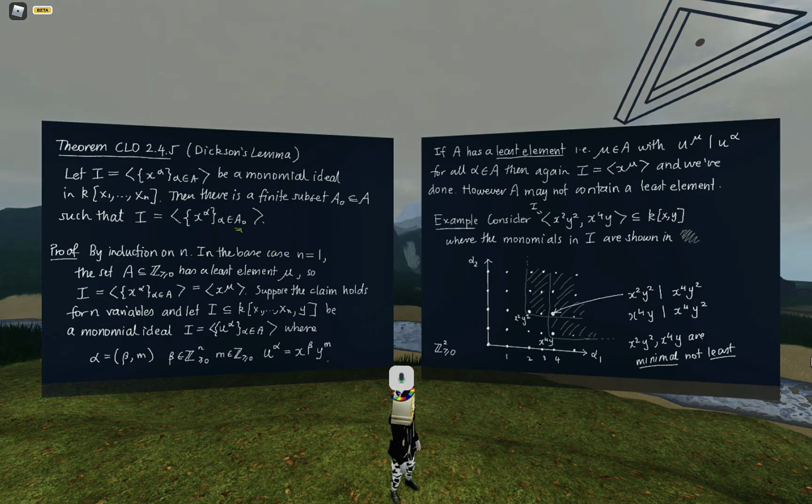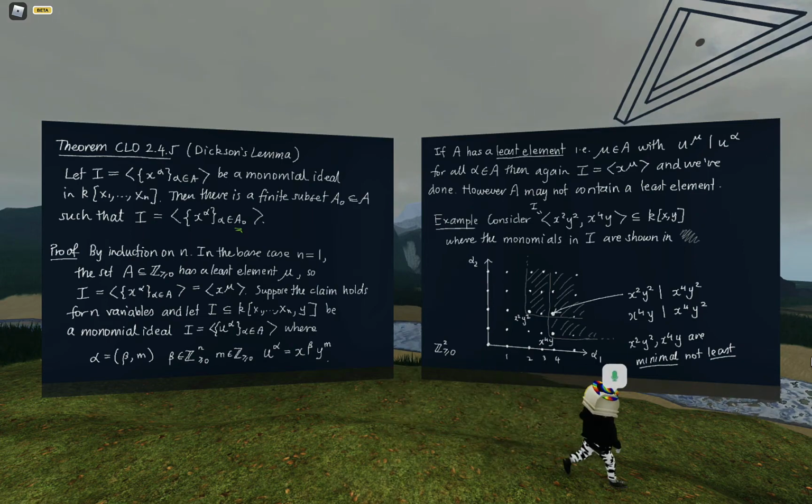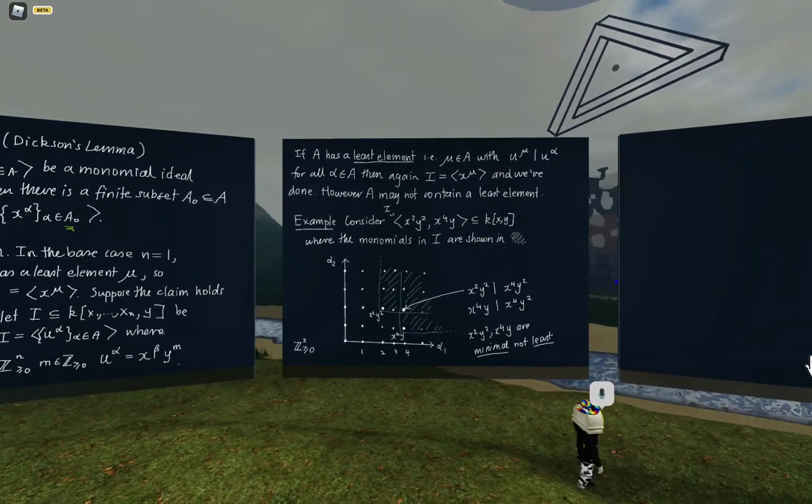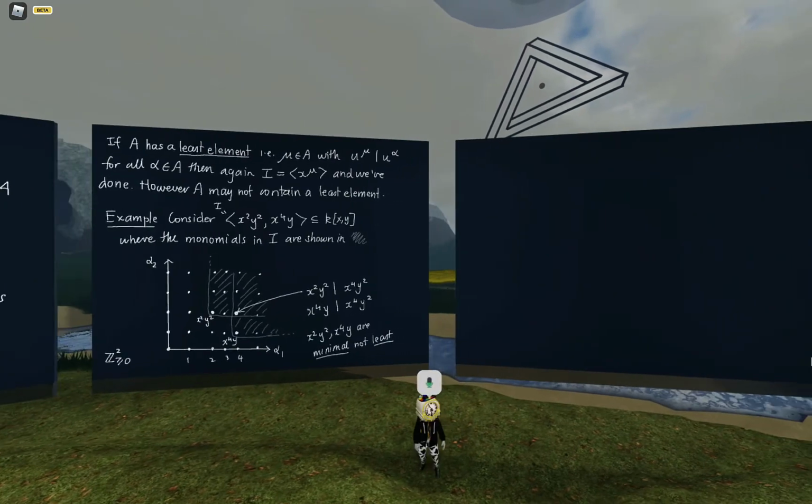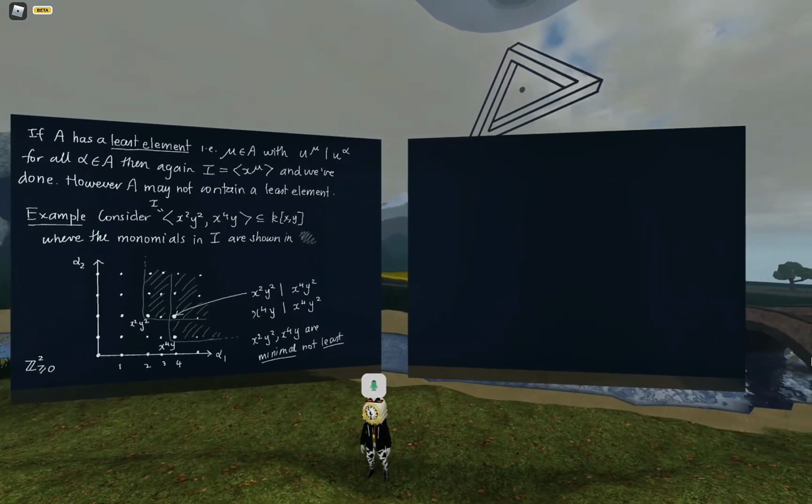So what we're going to try and do is argue along the lines of the n equals 1 case, but using minimal elements instead, and see how far we get. Remember, we're trying to find a finite generating set. I'll be more detailed in a moment, but you might believe that we'd be done if we could prove that there's a finite number of minimal elements in A. And that's actually true.